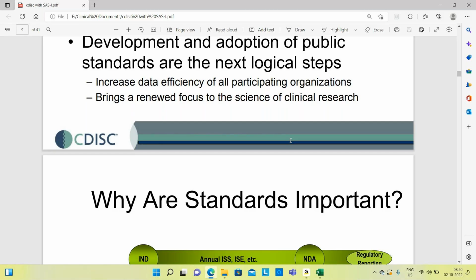Again, CRO1 follows its own standards, CRO2 its own, and 3 and 4 separately follow their own. To combine all this data into one particular data set or file will be very difficult because the standards were different. Now it will be easy if everyone is adopting global standards.